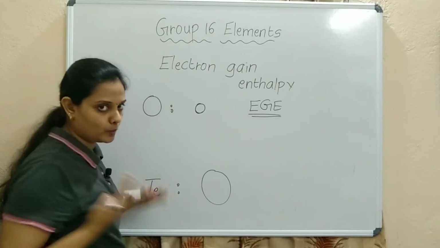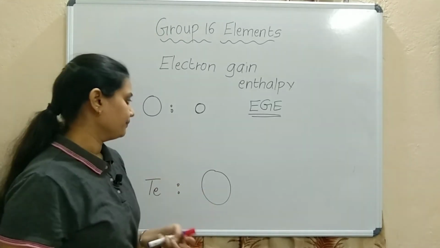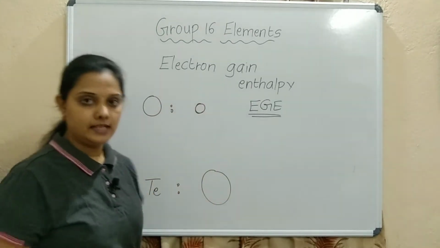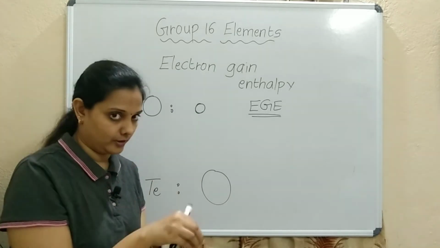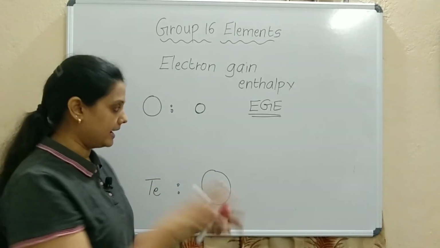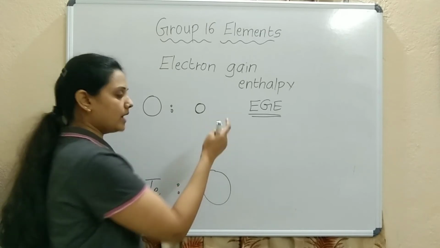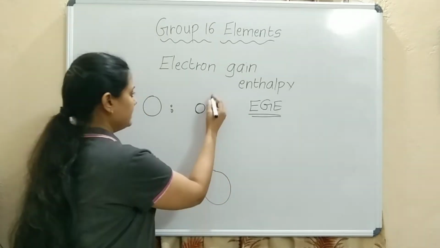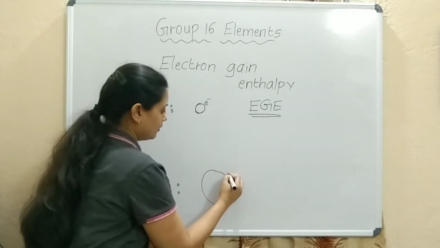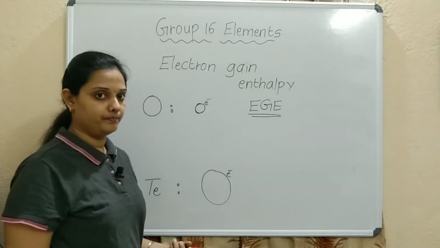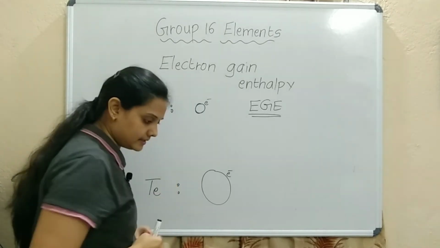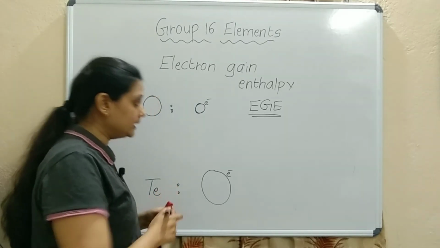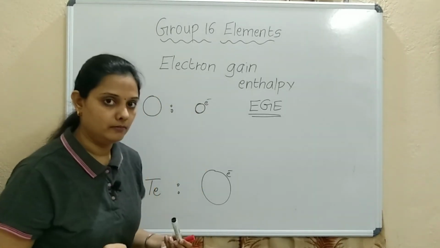Correct, no? Down the group atomic size increases. Now what is EGE? Energy change while adding an electron. So I want to add an electron to both the elements. So I will add here one electron. I want to add here also one electron. In which case will the nucleus hold the incoming electron firmly?